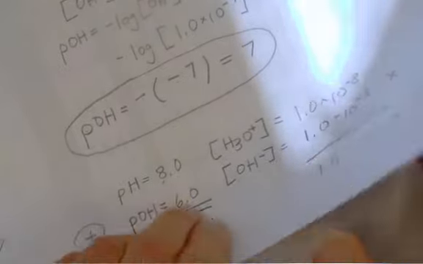So one of the things that you can do is you can make a little table to go around in a circle. So if you have any aqueous solution at equilibrium, the following will be true. So I have an aqueous solution at equilibrium.